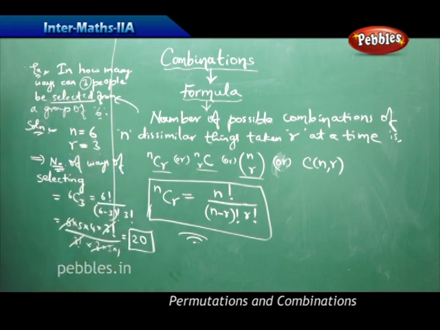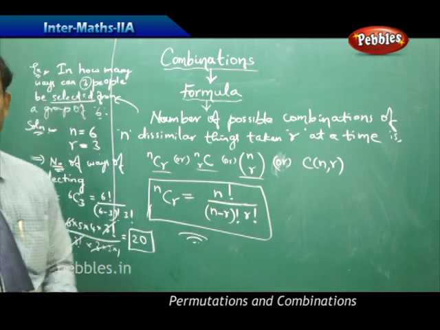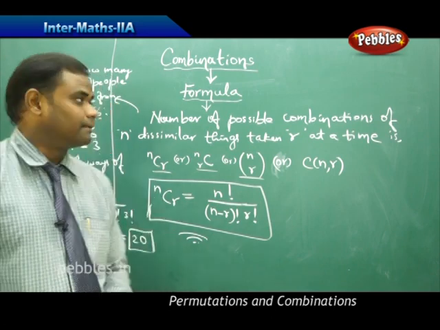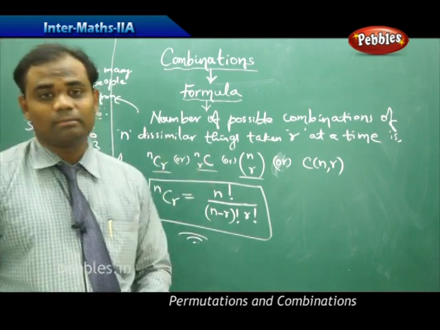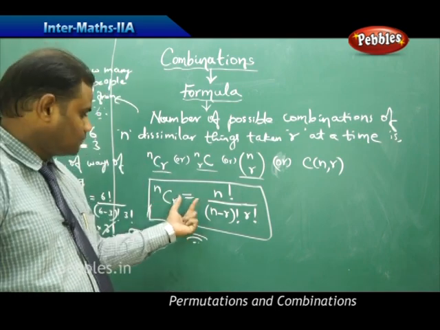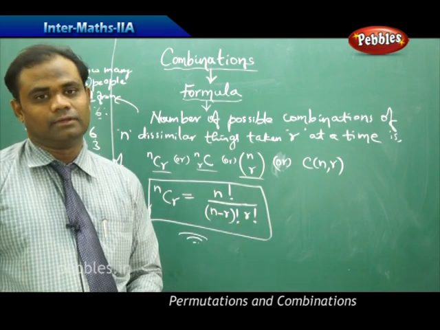That means there are 20 ways through which I can select 3 people from a group of 6 people. This is how I understand the problem based on combinations using the formula nCr equals n factorial by (n minus r) factorial into r factorial.